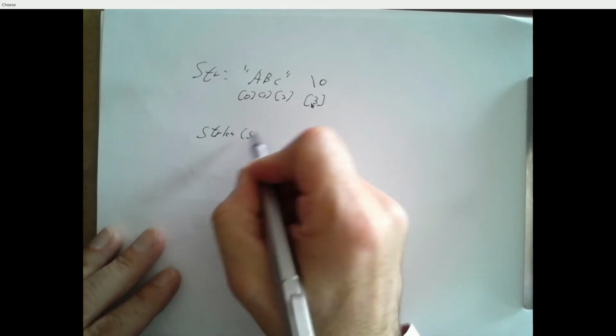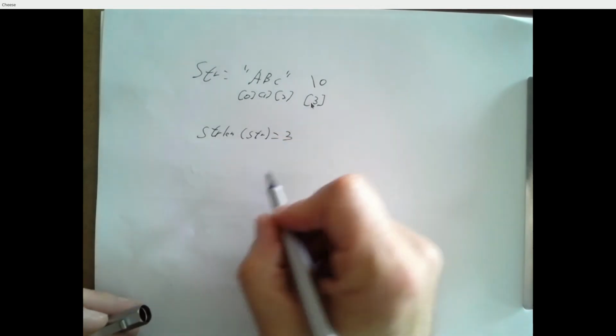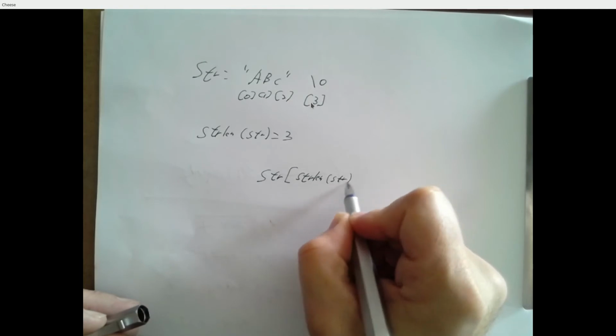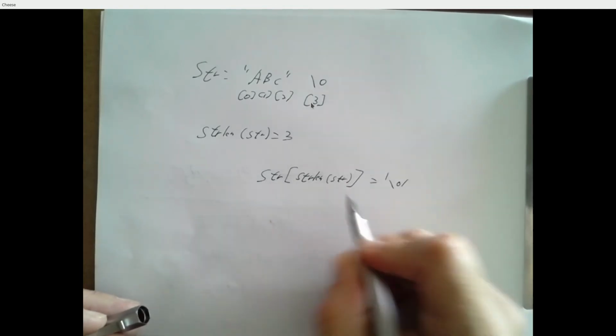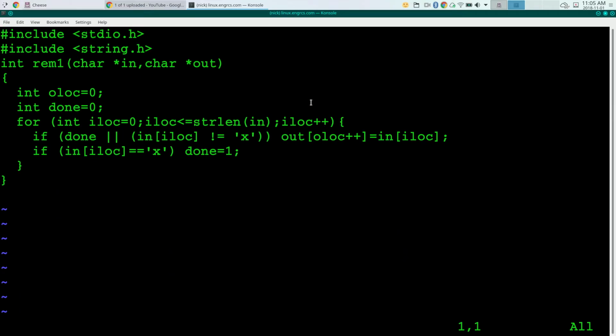And string length will come back as 3 characters, so the last character is usually string length minus 1. If I actually pull off character string, bracket, string length of string, that's the null terminator. So by looping all the way up to there, I'm also copying that null terminator. Or you could have put it at the end after the loop. So that will work.